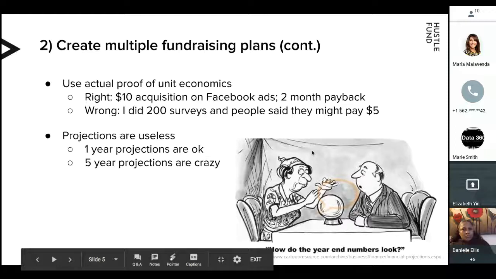Hey, Elizabeth, I want to ask you one quick question about the deal mechanics of how to get to 1-year projections. You want to speak a little bit, because I know you do that with Hustle Fund. Just a quick quip about how you get to that, the technology, I know you guys talk a little bit about how you do that.